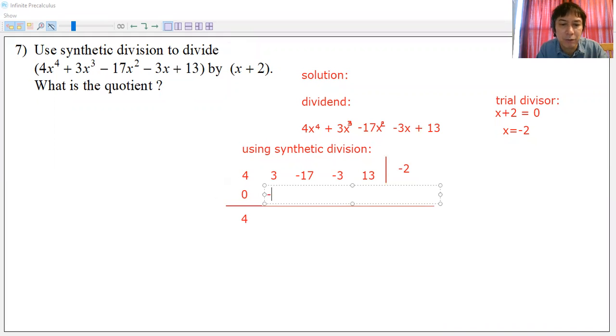So negative 8 goes here. Next addition is negative 5. Next multiplication is positive 10 to be written below the negative 17. Third addition, that's a negative 7.